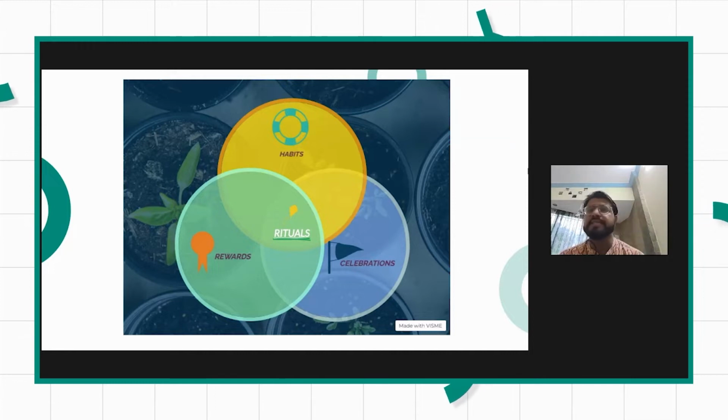Analogously, you would have farewell programs in colleges, right? Where the senior class gives a farewell and they try to carry it forward to the junior batches. Isn't that a form of ritual? It can be. So the reason we have put rituals at the intersection of habits, rewards, and celebrations is mainly because we want to present an ideal ritual as a combination of all these three things.